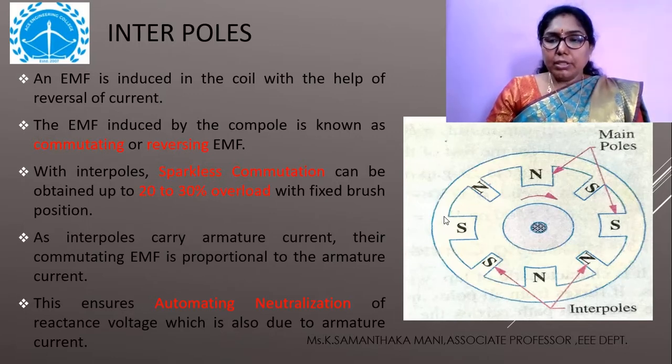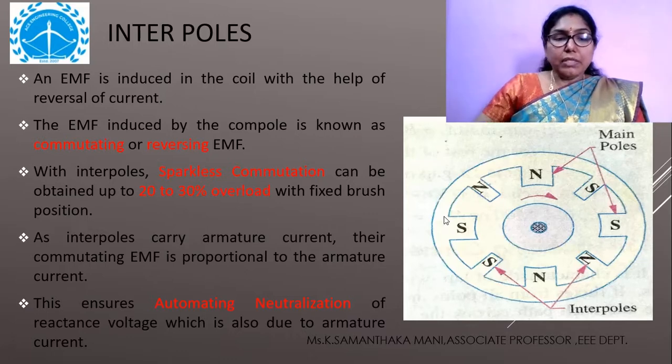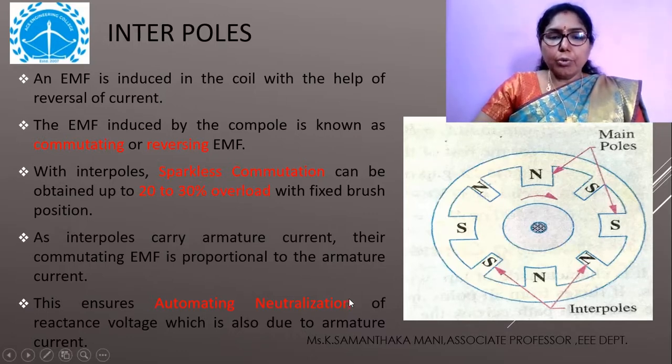So as the armature current goes on increasing with loading, proportionately the required EMF will also be induced in the reverse direction in the interpoles, because the same current is flowing through them. Because of this, there is an automatic neutralization of the reactance voltage, which is also due to the armature current.